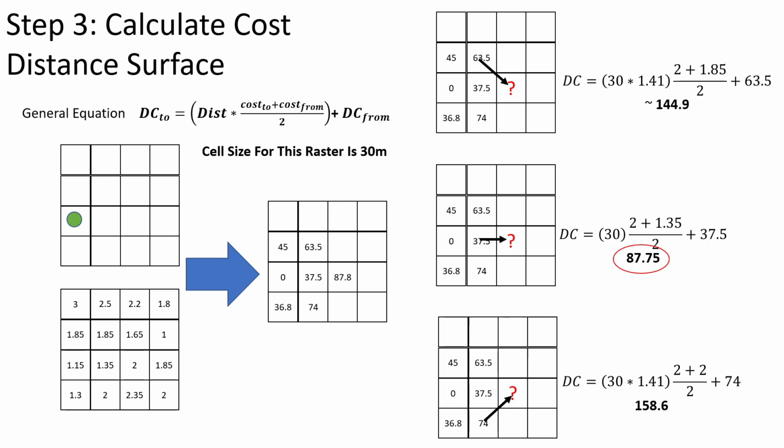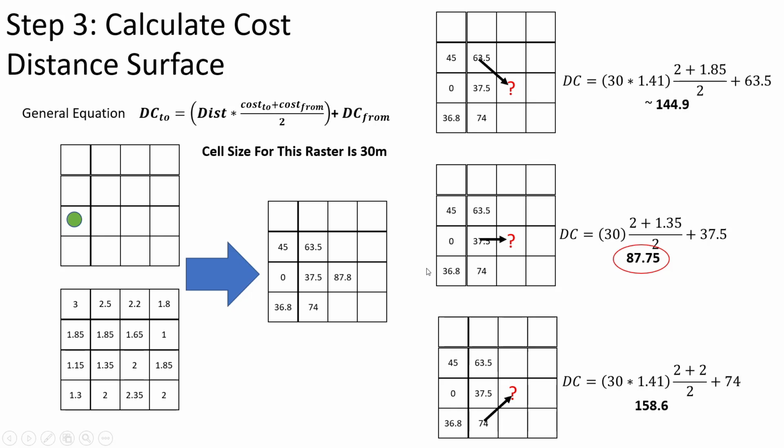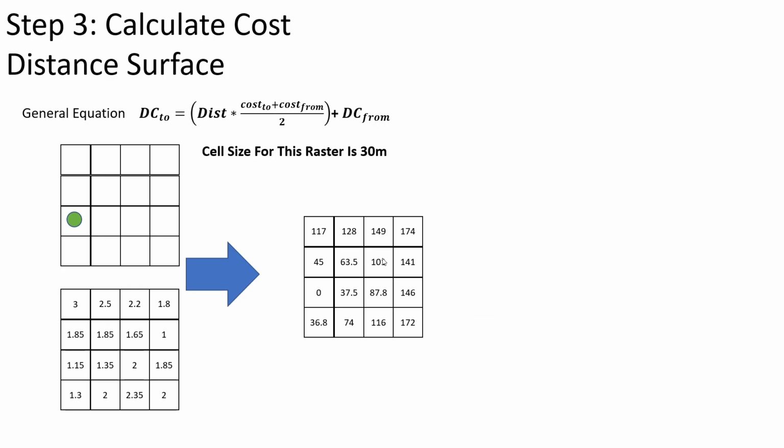Right. And so if you want to fully understand this, this would be a good time to pause, ponder, maybe go through, work out a couple more, maybe try and work out what you would calculate for this pixel here based on all the different options you could take. But if you do that, what you end up with is this finalized distance cost raster, right?